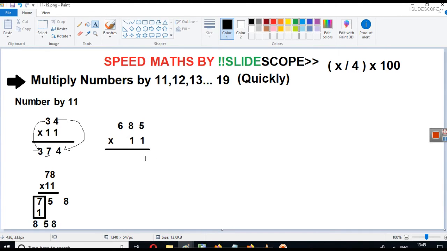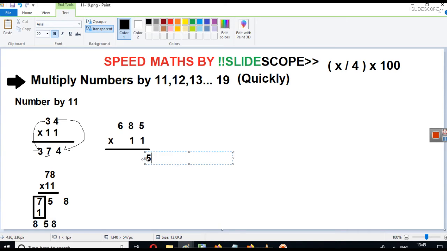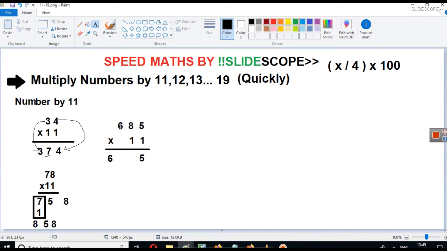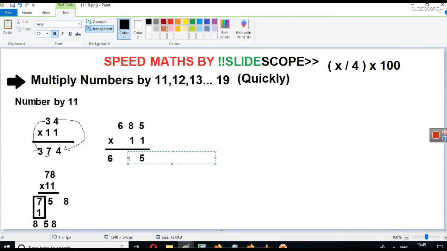First write this number 5, and here write 6. Because the first digit is 6, write it. Second, the last digit is 5, write it. Now simply add 8 and 5. You will get 3 and 1 as a carry.